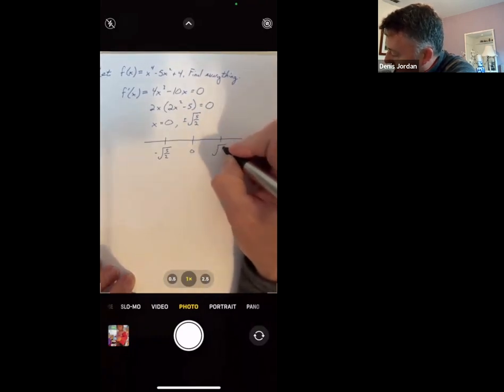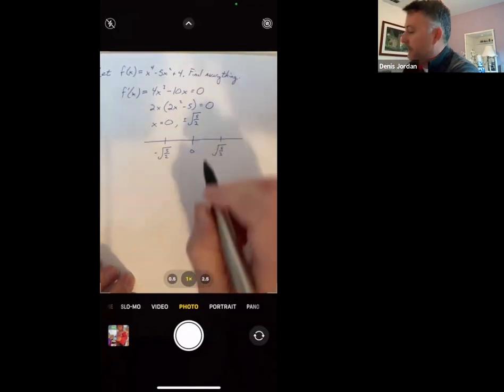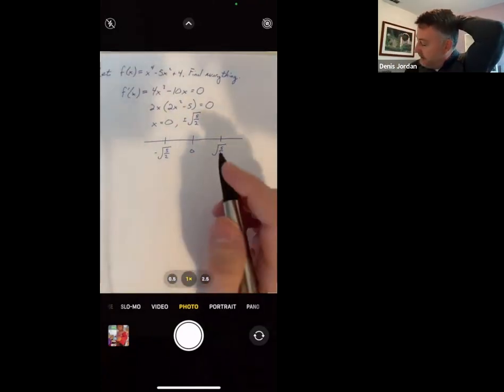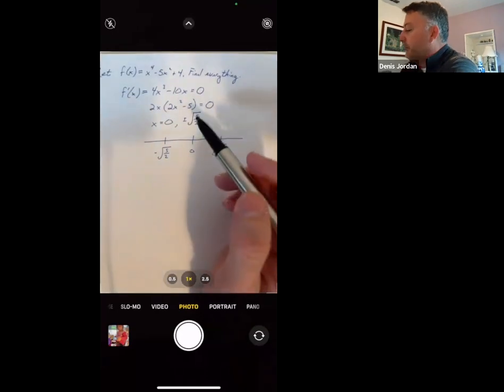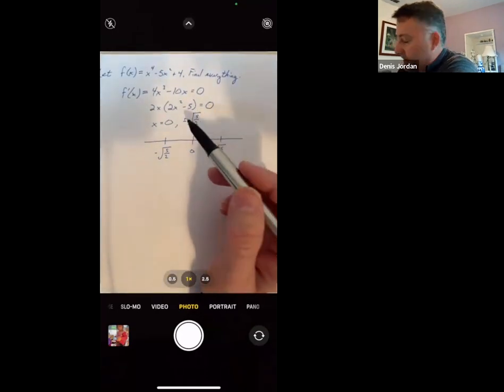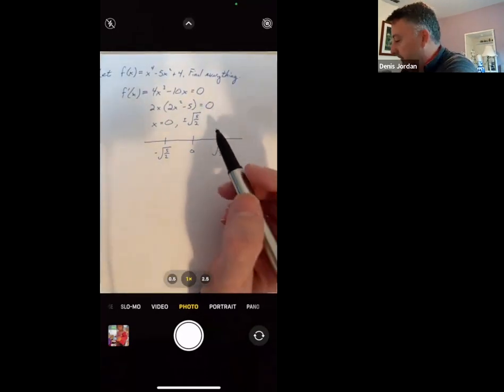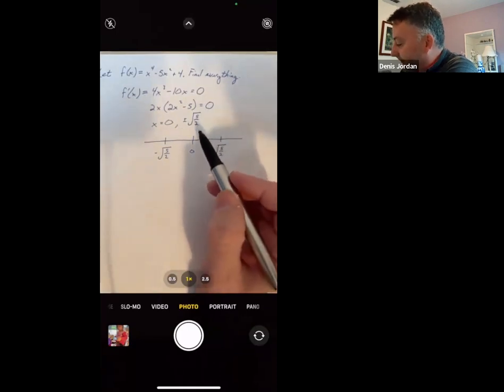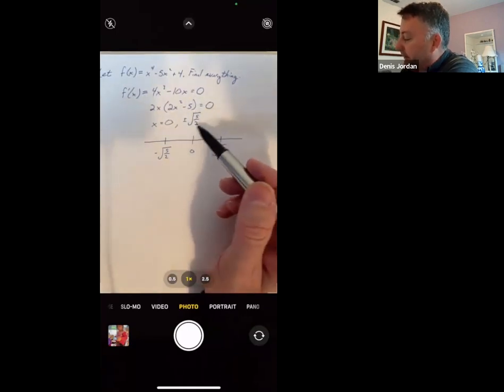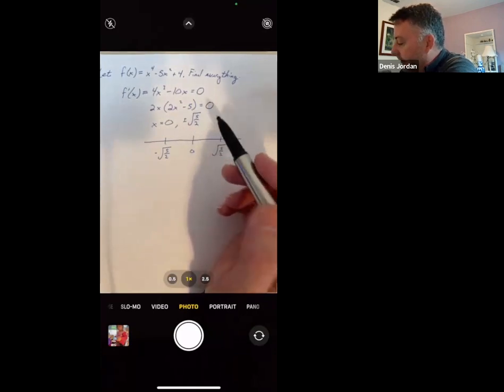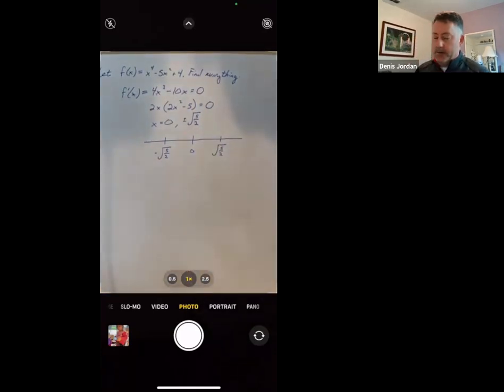And just so you know, if you have a problem like this on the exam, the numbers would be a little nicer since I'm not making the equation up off the top of my head. You're not typically going to get a critical number of root 5/2 since you can't use a calculator.